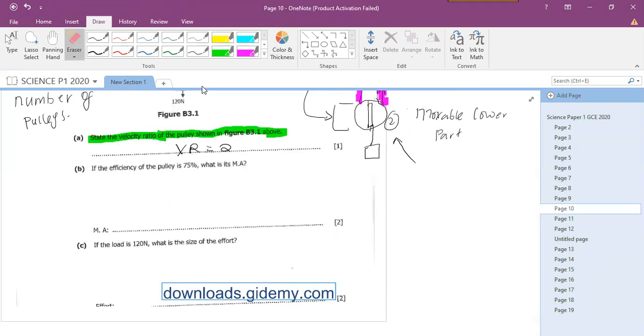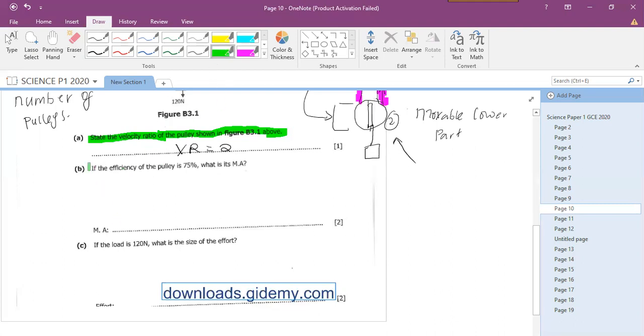So now they won't be so easy, because the next thing that they are going to want you to do is calculate. And every time, like I told you in physics, you have to know the principle that you are supposed to use, as well as the formula that you're supposed to use. If you forget the principle, and worse off, if you also forget the formula, you're not going to get anything correct. So let's read this question.